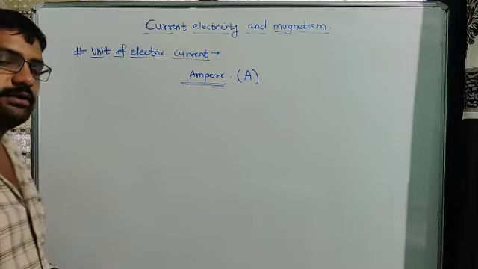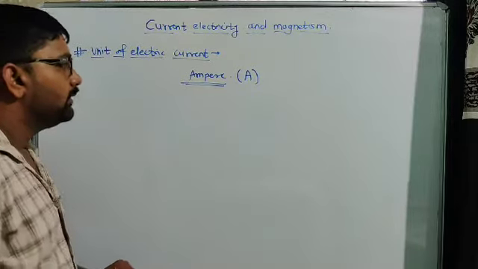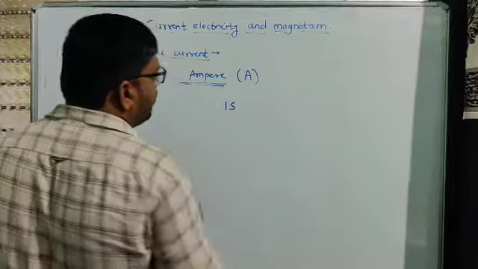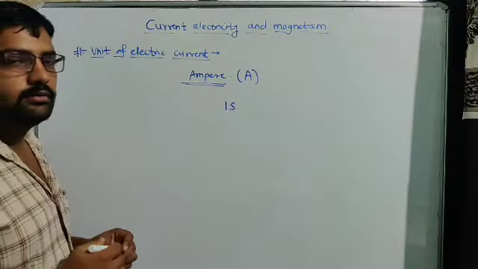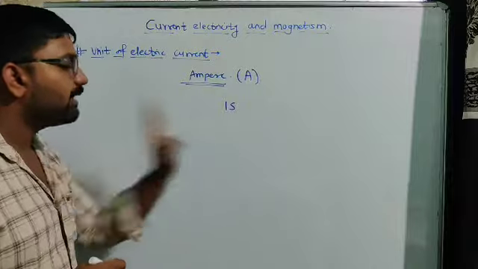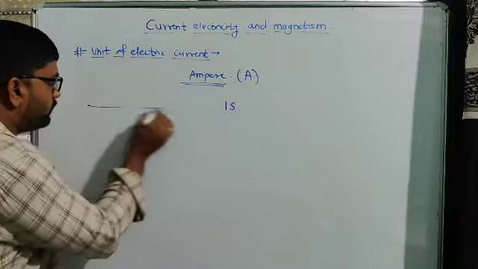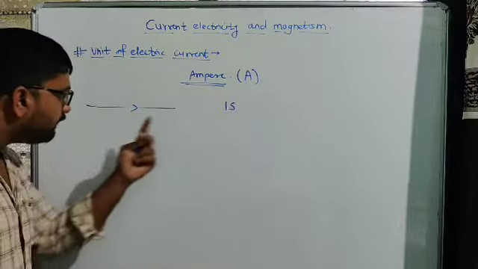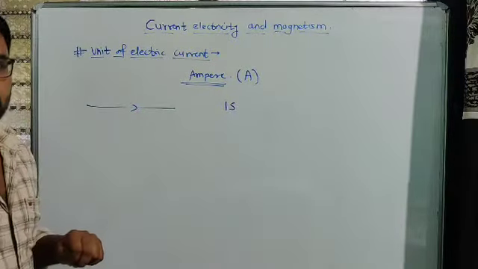Now in such a way, in 1 second, suppose whatever charges are passing through a wire. Suppose electric current is passing through this wire, and we consider a time of 1 second.